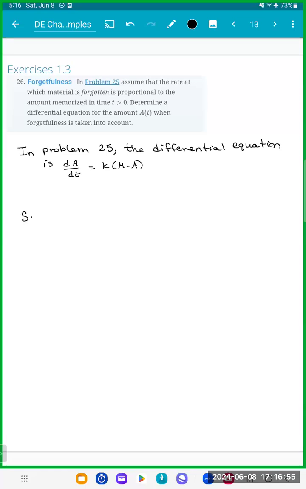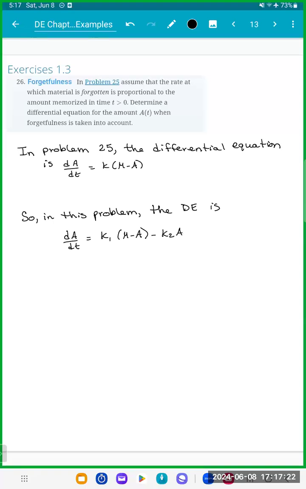So in this problem, the differential equation is going to be dA/dt is equal to k1 times (M minus A) minus k2 times A. Okay.